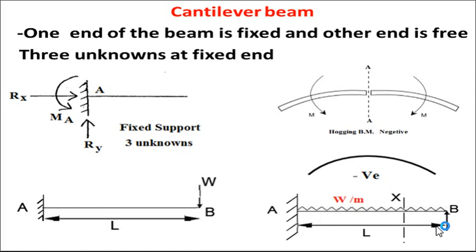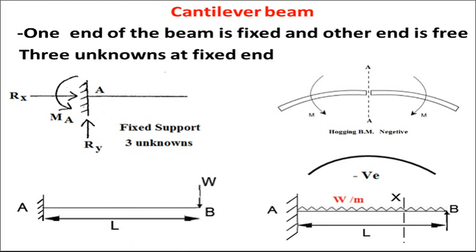In a propped cantilever, the free end has a support from the bottom. Prop means some support is added. Whenever there is a support at the free end, that is called a propped cantilever. A propped cantilever is not in your syllabus because there are four unknowns because of this external load, so just concentrate on this particular type of beam.